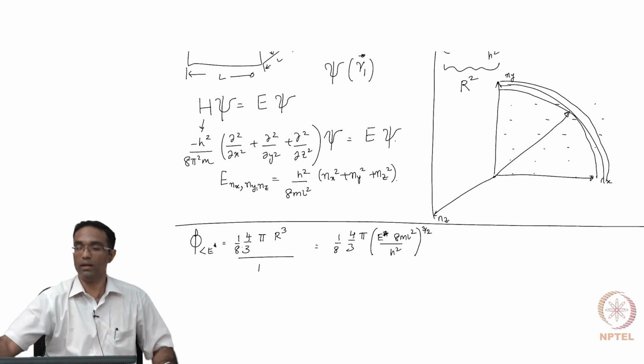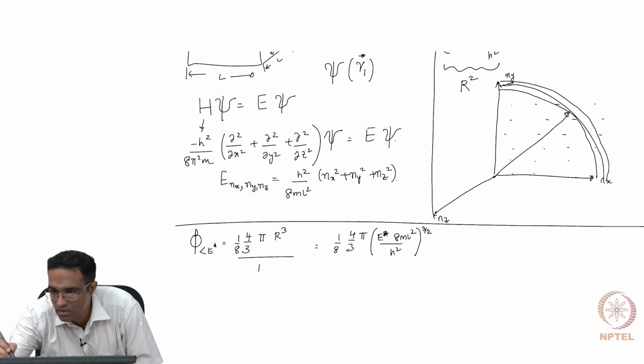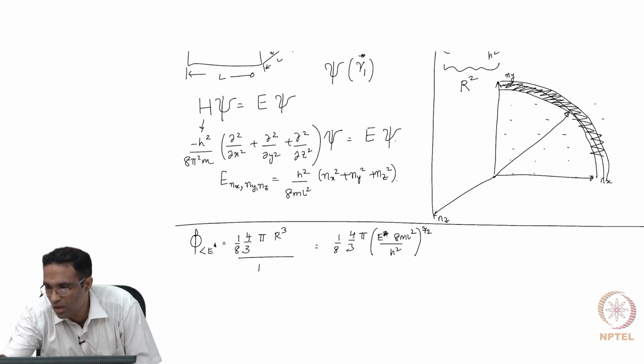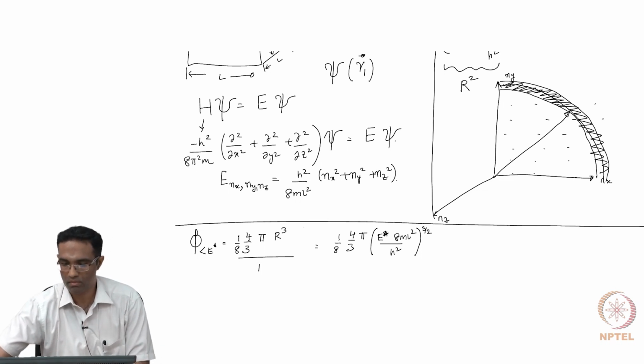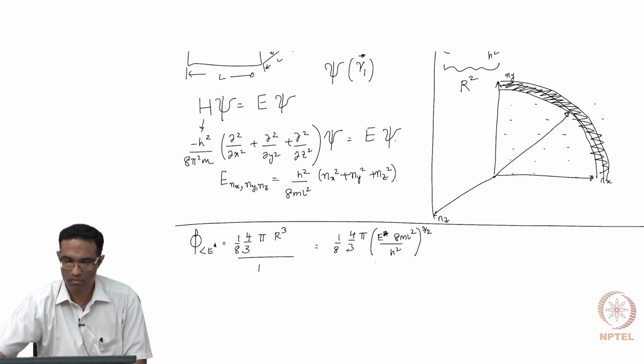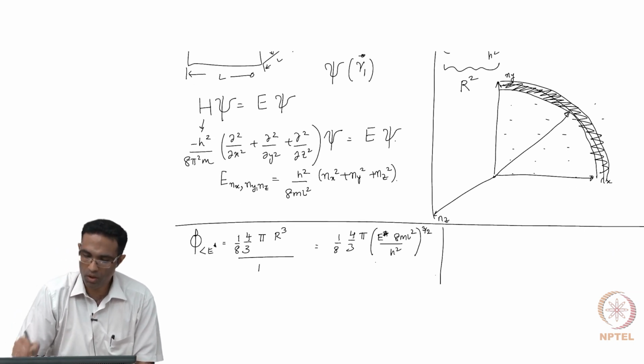Now, in order to obtain the total number of points in the small spherical shell around E star, what did we do?